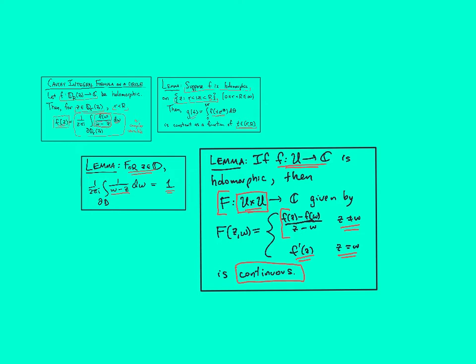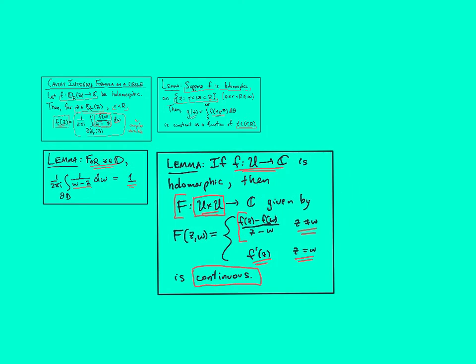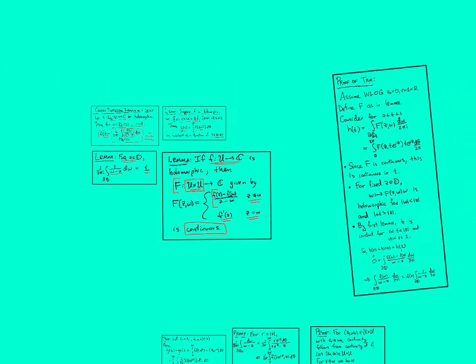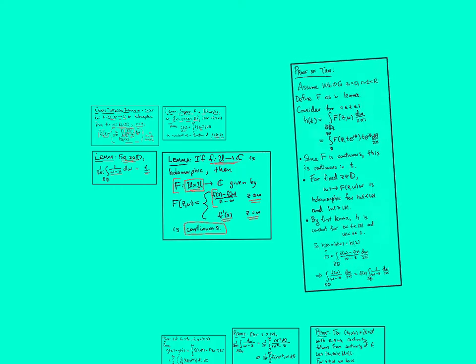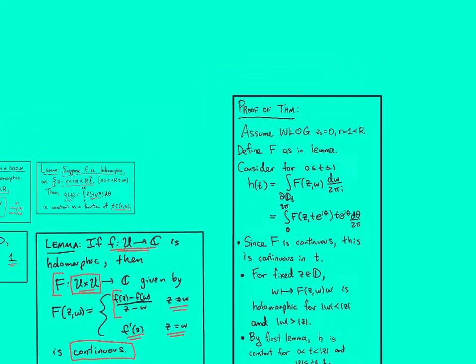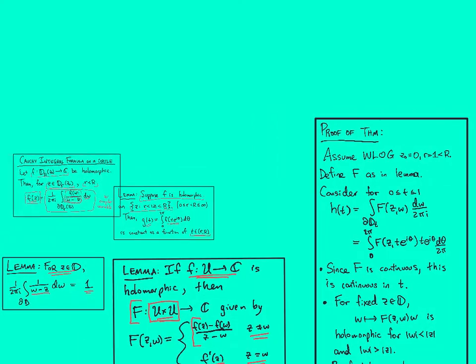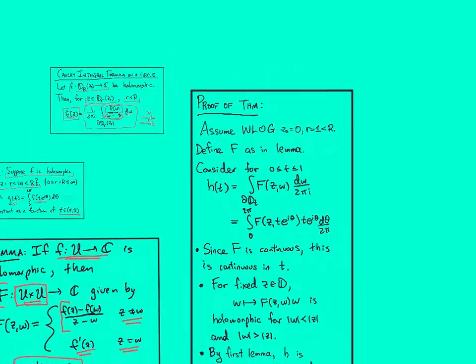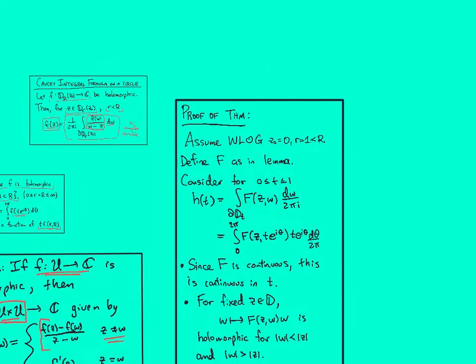Now let's take these three lemmas and prove the Cauchy integral formula on a circle. So here's the proof over here. Let me get it all together so you can see the Cauchy integral formula.